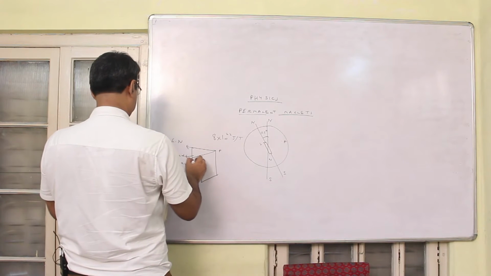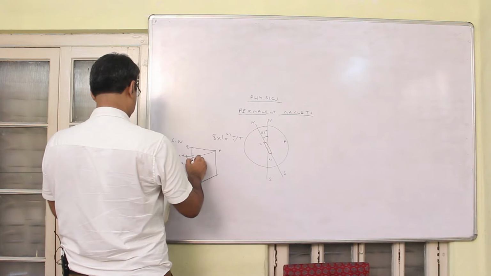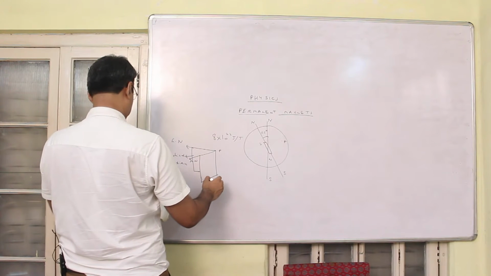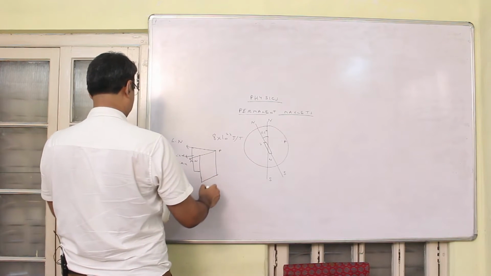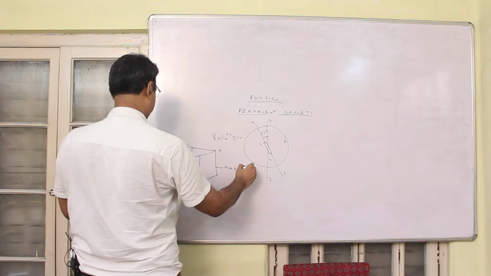And if you draw a plane which joins the point P with magnetic north and magnetic south, so this plane is called the magnetic meridian.